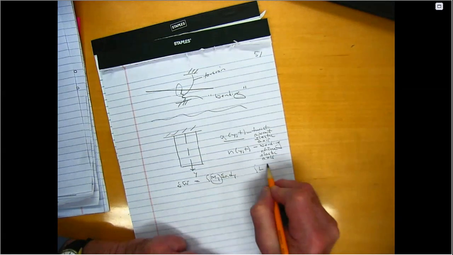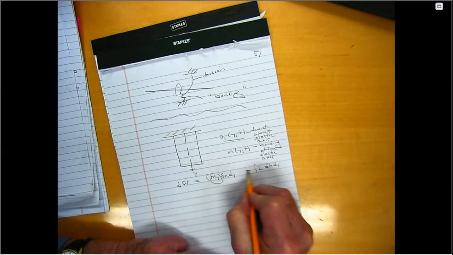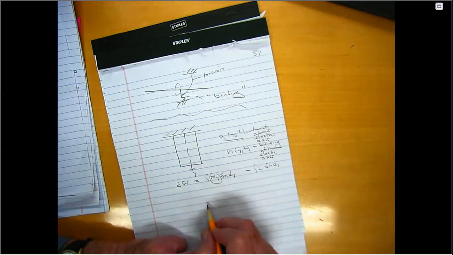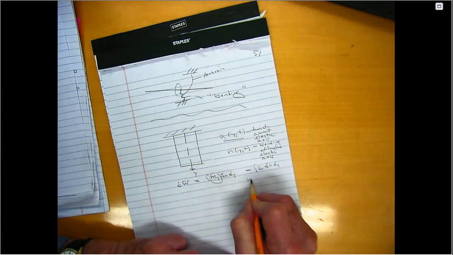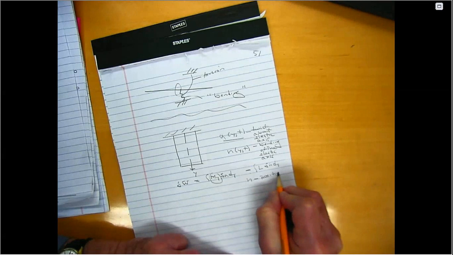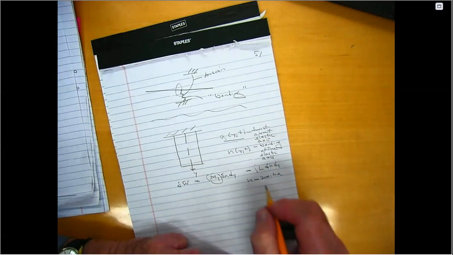Times delta h dy. And now I'm going to put a minus sign in because everyone else does when they do this problem, even though it's maybe not the most logical thing. And the reason I have a minus sign is I'm going to define h as positive down, which is what aerodynamicists do. Aerodynamicists sometimes cause trouble. This is one of the mistakes.